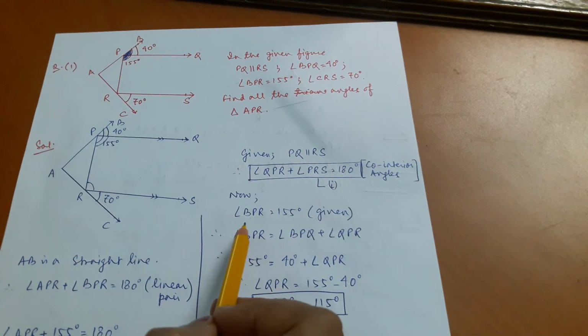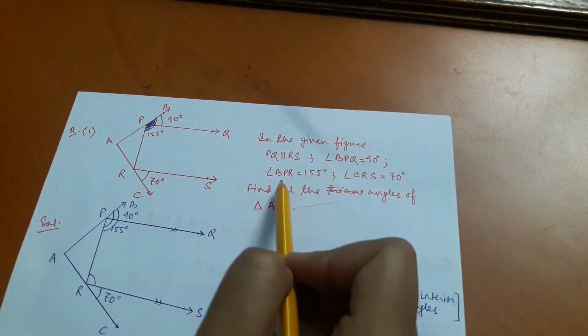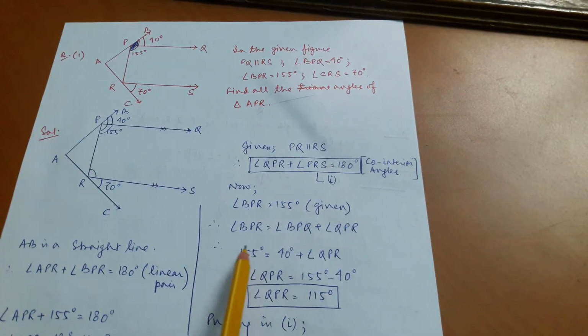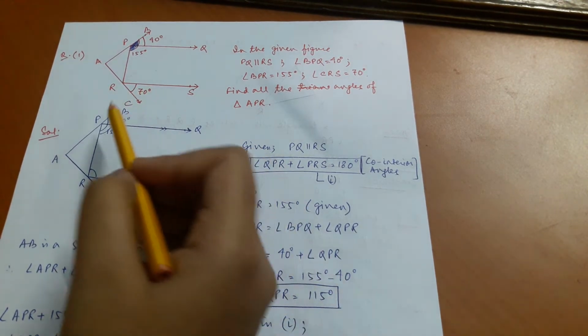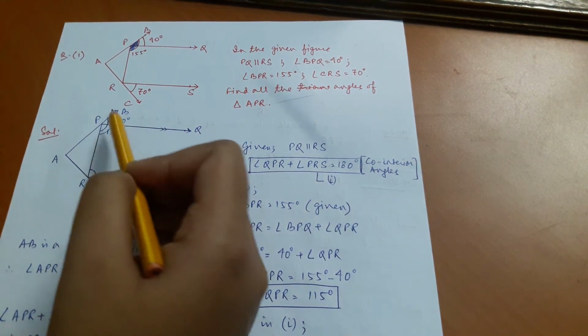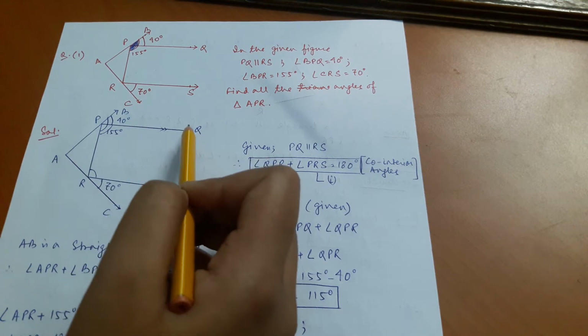Now angle BPR equals 155. This is given in the question itself, angle BPR is 155 degrees. Therefore angle BPR equals angle BPQ plus angle QPR. Simply we divided and wrote that angle BPR is basically the sum of angle BPQ plus angle QPR.